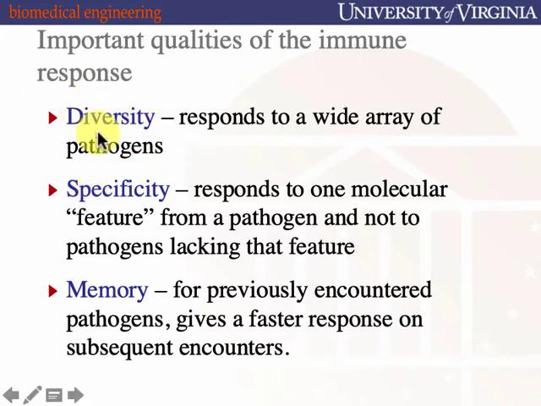So diversity, without any prior knowledge, you are born with the ability to detect over 1 trillion different epitopes. Over 1 trillion different epitopes that you are, without any prior exposure to a pathogen, capable of detecting. All right? So you're essentially pre-armed with this level of diversity. And we'll talk in a number of lectures from now about how that level of diversity is developed in your body.